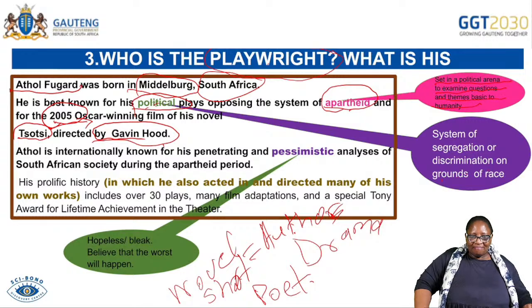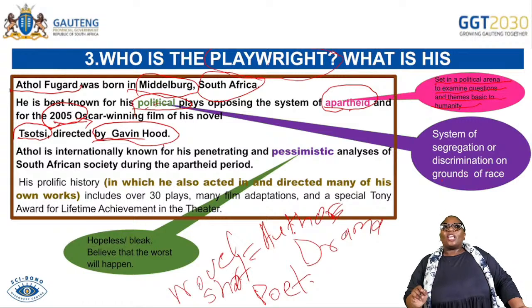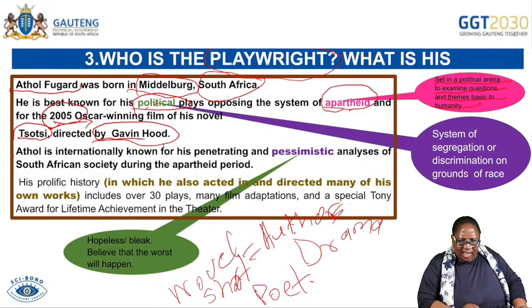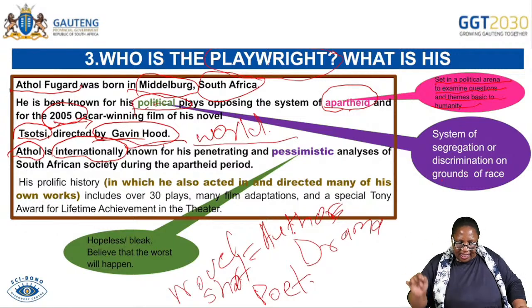Cobra, who featured in Tsotsi. So it was written by who? By Athol Fugard. He is not only known in South Africa, but he is internationally well known. So it means he is known in South Africa and he is known in the whole world.